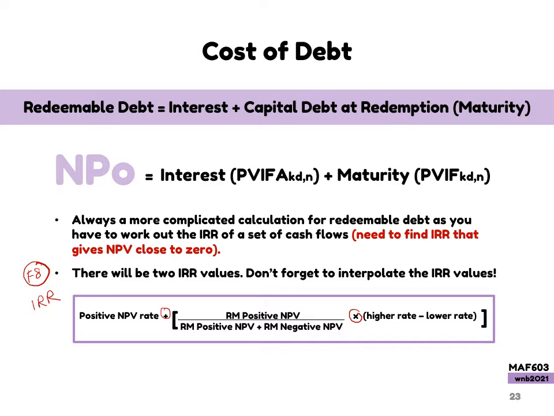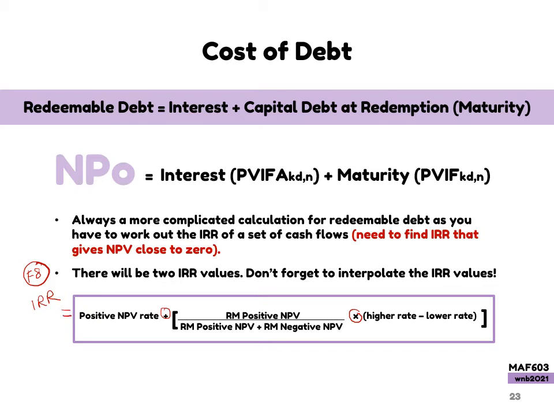Remember, we have two rates. Kena cari dua rates dalam you punya discount rate table. So, you kena pilih dua rates. So, you going to have one rate which is higher and another one is the lower rate. So, this one tambah dengan positive NPV rate, you akan dapat IRR.